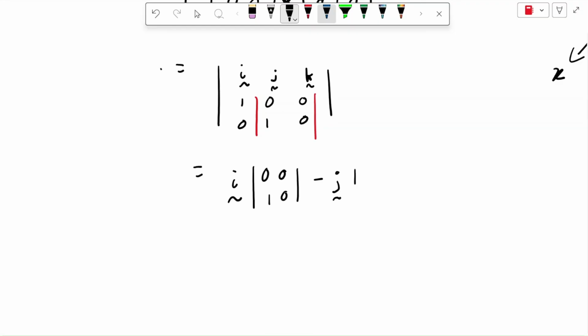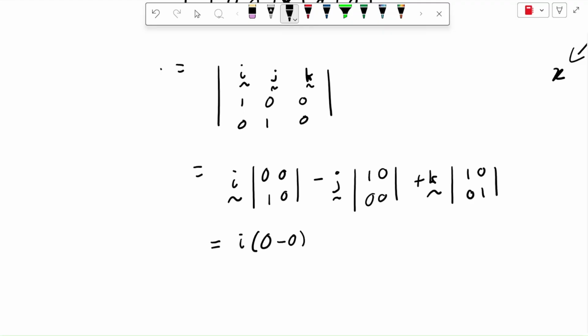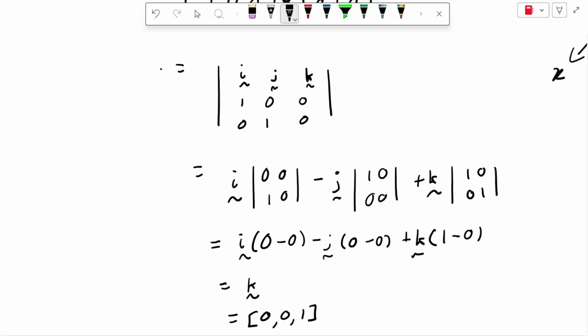Take j, don't forget the minus sign, times these two columns, 1, 0, 0, 0, plus k times the remaining two that aren't under k, 1, 0, 0, 1. So this gives you i lots of 0 take 0, take j lots of 0 take 0, plus k lots of 1 times 1, take 0.